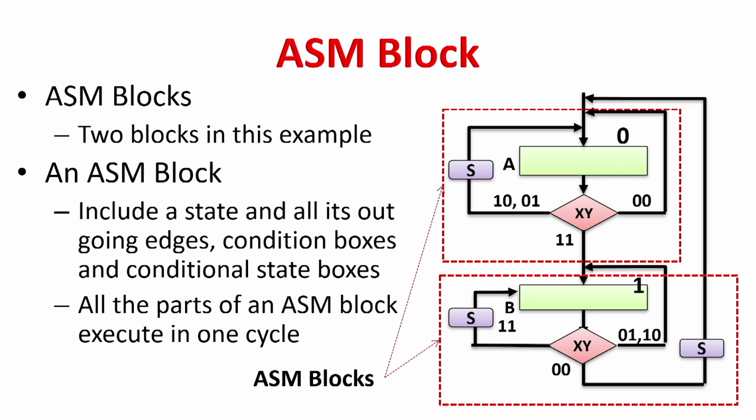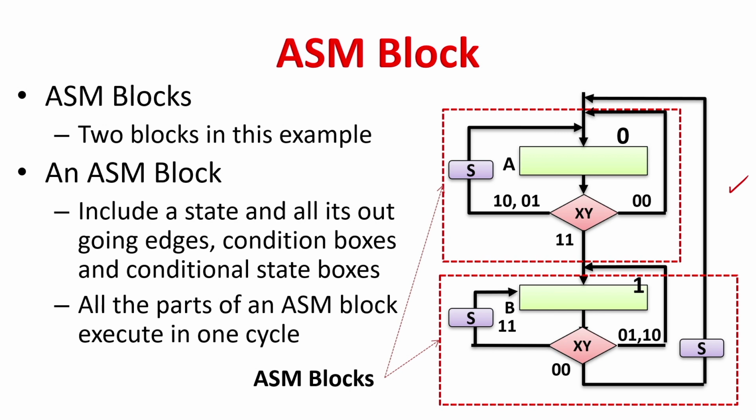Let us discuss what an ASM block is. Suppose we have already designed an ASM, then what is the ASM block? Suppose this is one example of an algorithmic state machine.